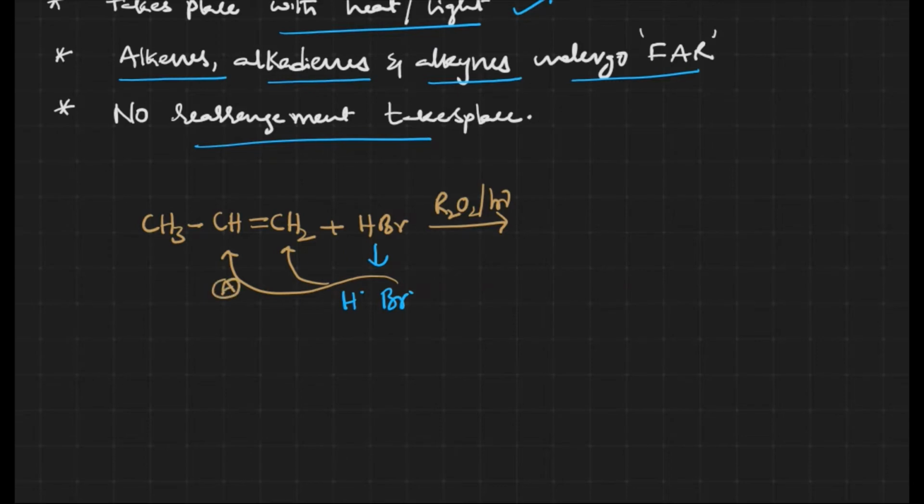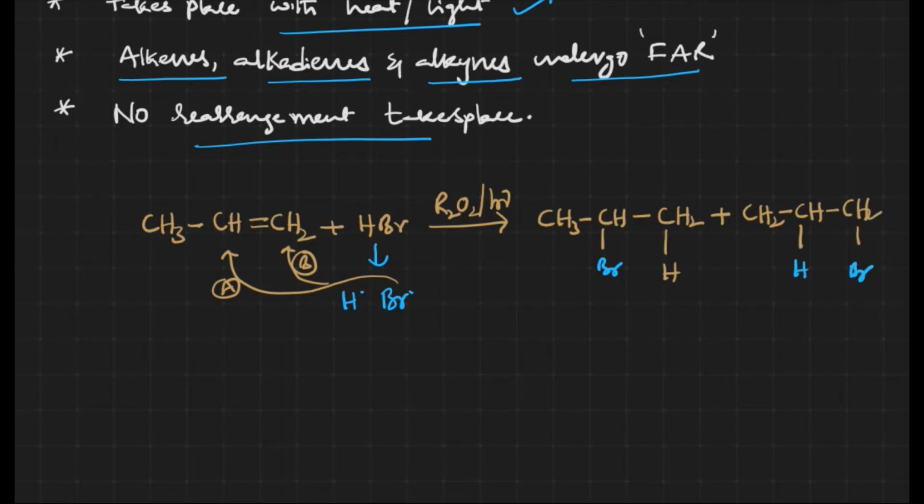Let me write, this is A, this is B. When bromine comes at the central carbon, we get CH3, CH, Br, CH3. Let me write the other product also: CH2, CH2, CH2, with hydrogen and bromine. Now out of these two, which is going to be the major one? That is our question. I'll simply tell you this is the major one.